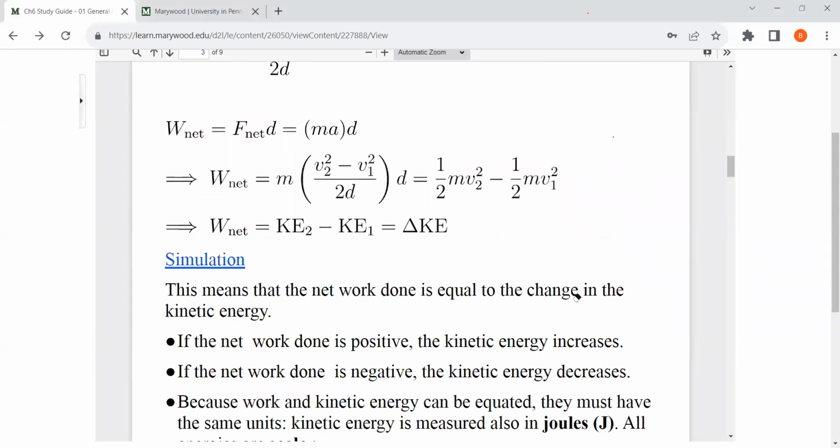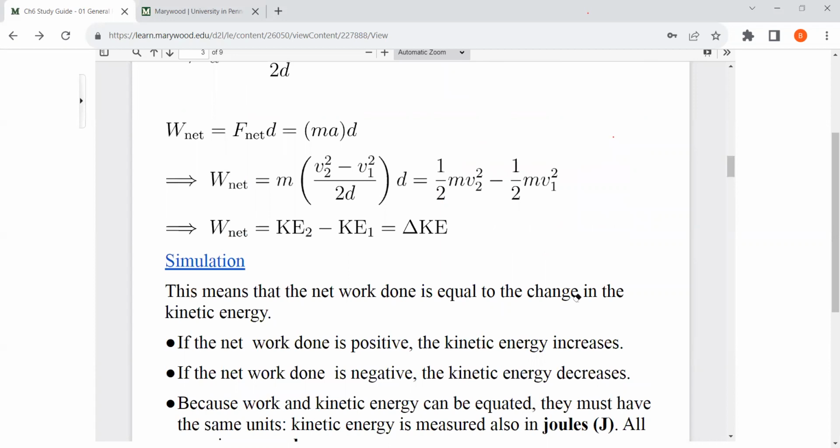So W net equals the change in kinetic energy, and it has a special name. We call it the work energy principle, or work kinetic energy principle. Whenever we refer to it, we will call it the work energy principle.